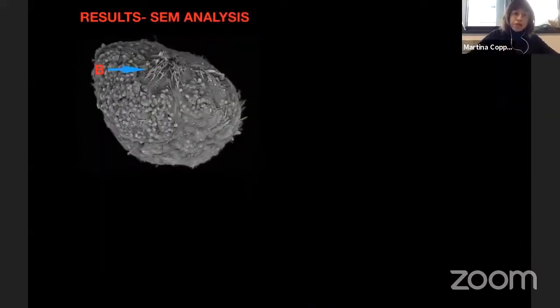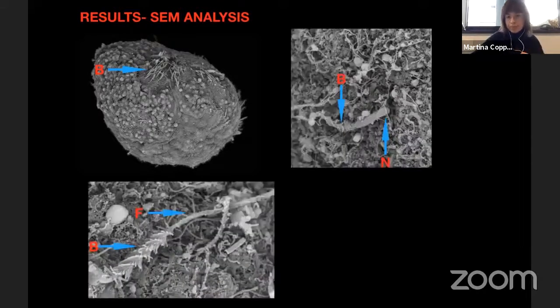SEM analyses were also performed. In this image, you see a circular propagule, and on the surface there is the presence of many explosive nematocysts. With B is indicated the barb of the nematocyst, which is the spiny portion.